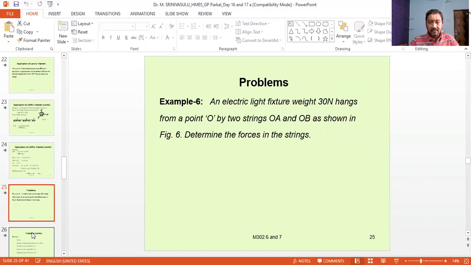Determine the forces in the strings. So this is the problem, and the figure has been given.